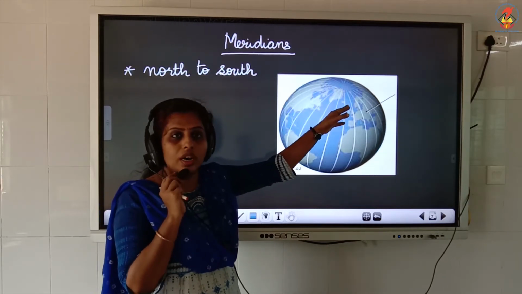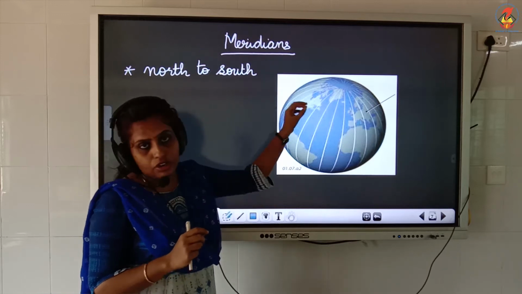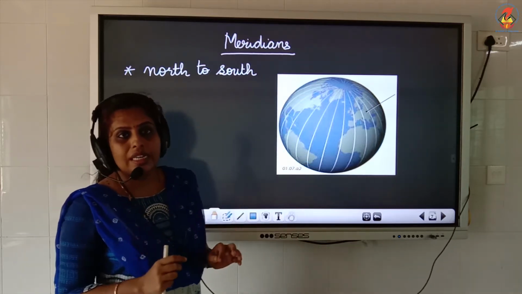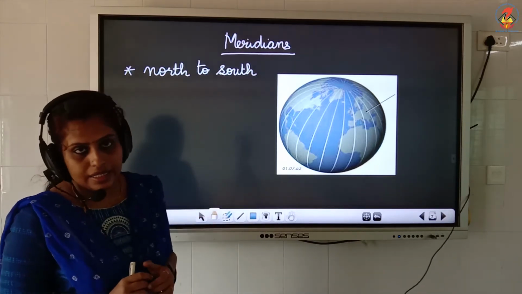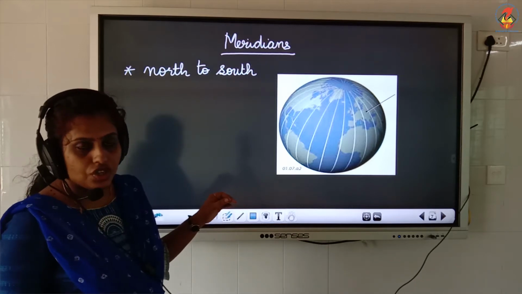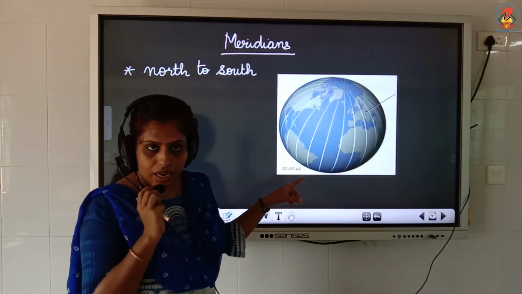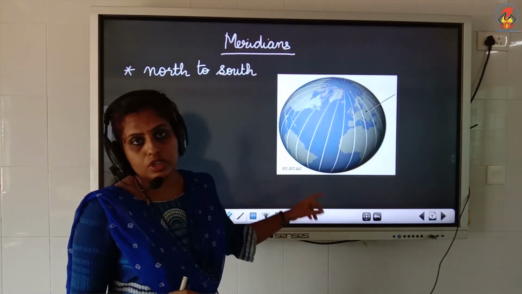From north to south. The lines are drawn from pole to pole. Those imaginary lines are called meridians. Meridians are imaginary lines that run from north to south, and these are the lines drawn from pole to pole.